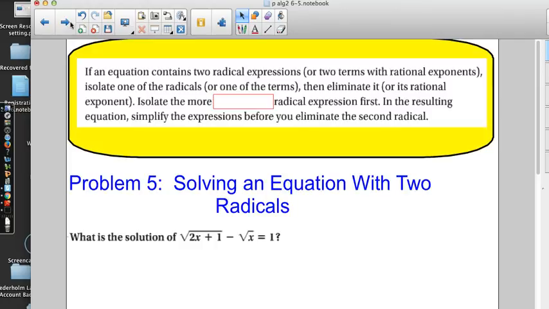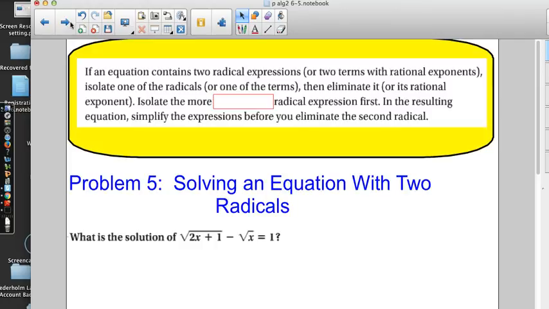Make sure you check. If an equation contains not just one, but 2 radical expressions, or 2 terms with rational exponents, here's what we have to do. We're going to get the toughest one by itself first, and we're going to raise it to a power to get rid of it. The problem is, we're still going to have another radical. So then, we'll go after the second one.